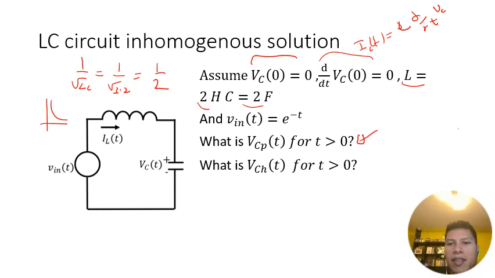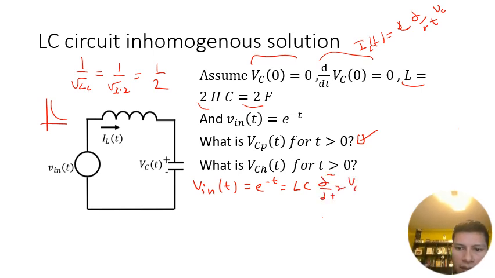To determine VCs of P, I can do it right here. We just need to write out the differential equation. We said that V ins of t, which is equal to e to the negative t, is equal to LC d dt squared VCs of t plus VCs of t.